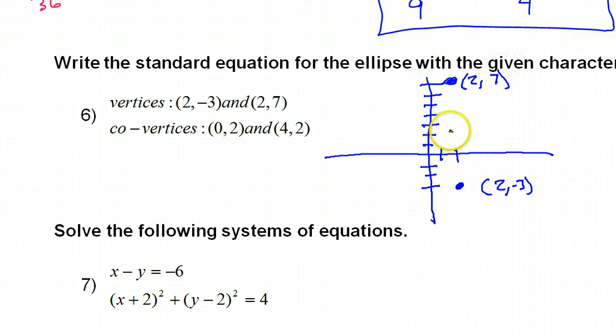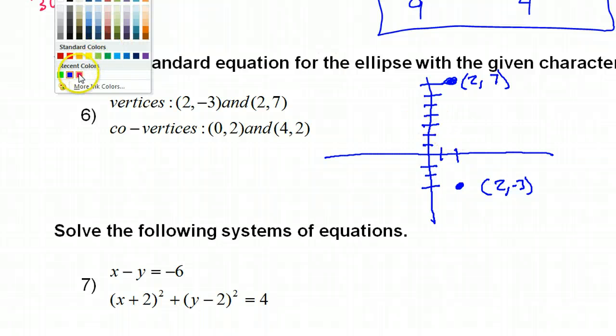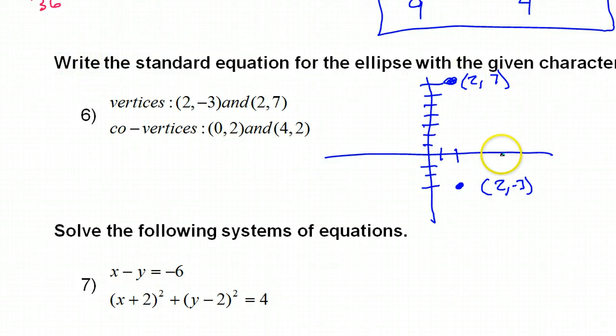The center is going to be halfway in between these two. So look at this. This is 7 up, and this is 3 down. That's a total distance of 10. So if I go halfway, that will be 5 down or 5 up. So let's see. If I go 1, 2, 3, 4, 5, that puts me right here.